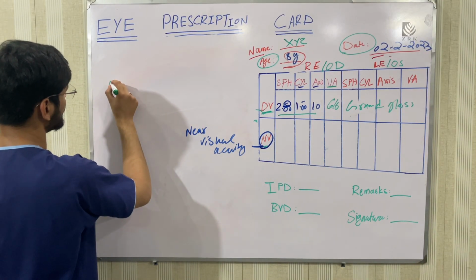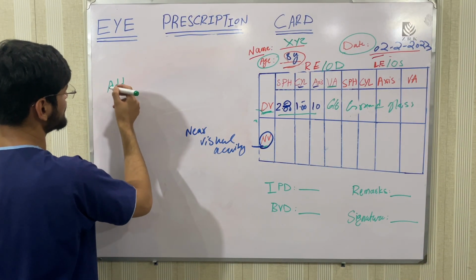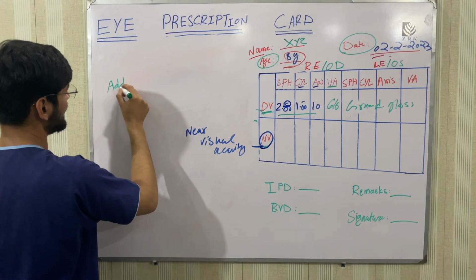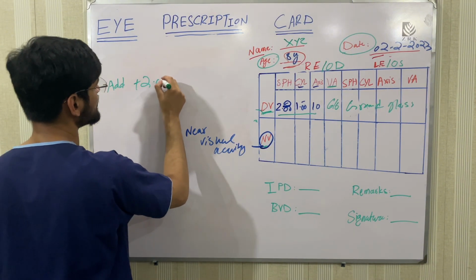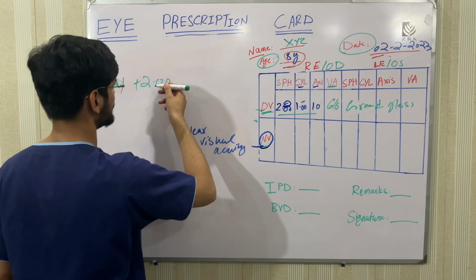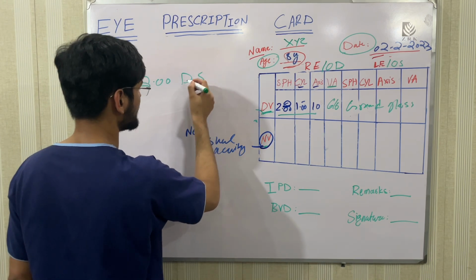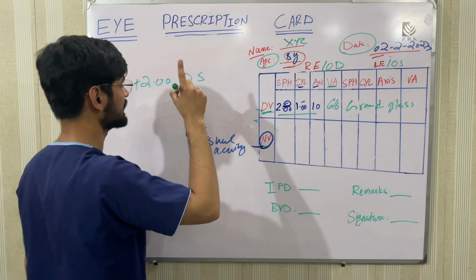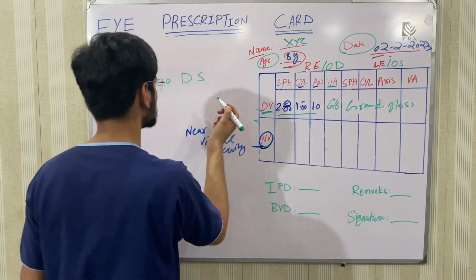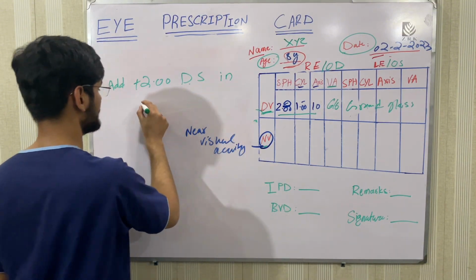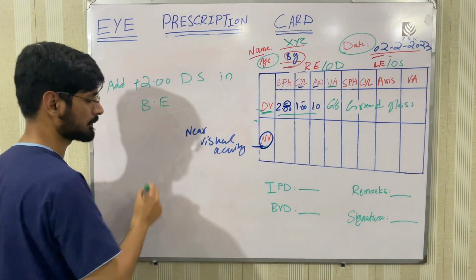Simply write a line which means add +2. For example, I am giving my patient add +2 dioptic sphere, DS. We discussed that DS means dioptic sphere in both eyes.